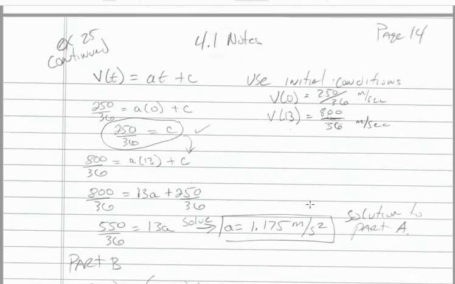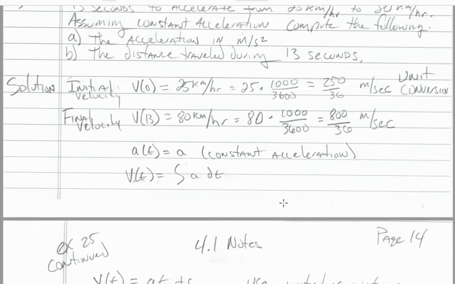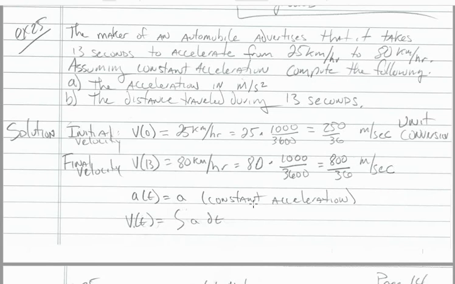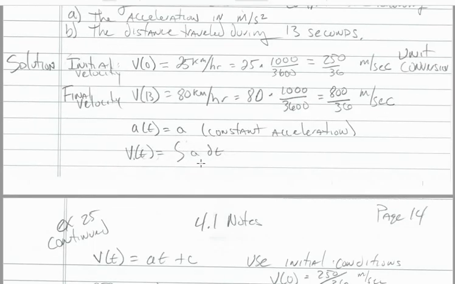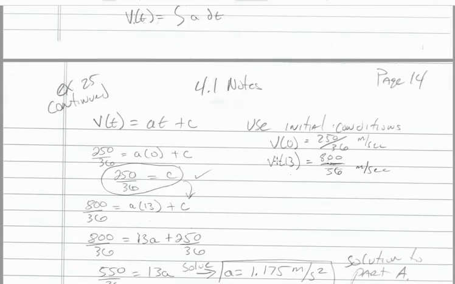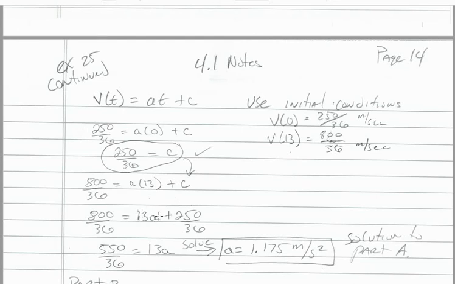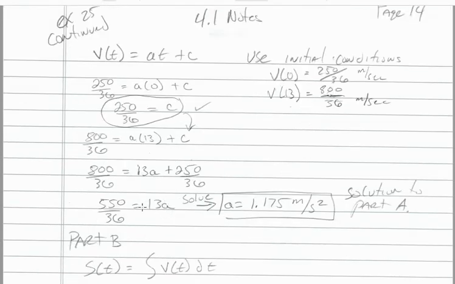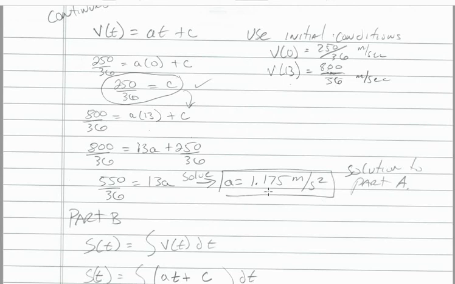Alright, let's just review this problem real quick. We had constant acceleration, which just means we needed to integrate a with respect to time. We integrated a with respect to time to find velocity. We used our two initial velocities, at time equals 0 and time equals 13, to find out what our actual acceleration is, which was 1.175.